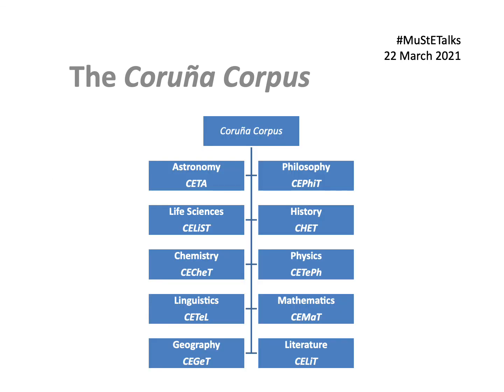So basically, the Coruña corpus is like a tree, and the subcorpora it's divided into are like branches of the tree.